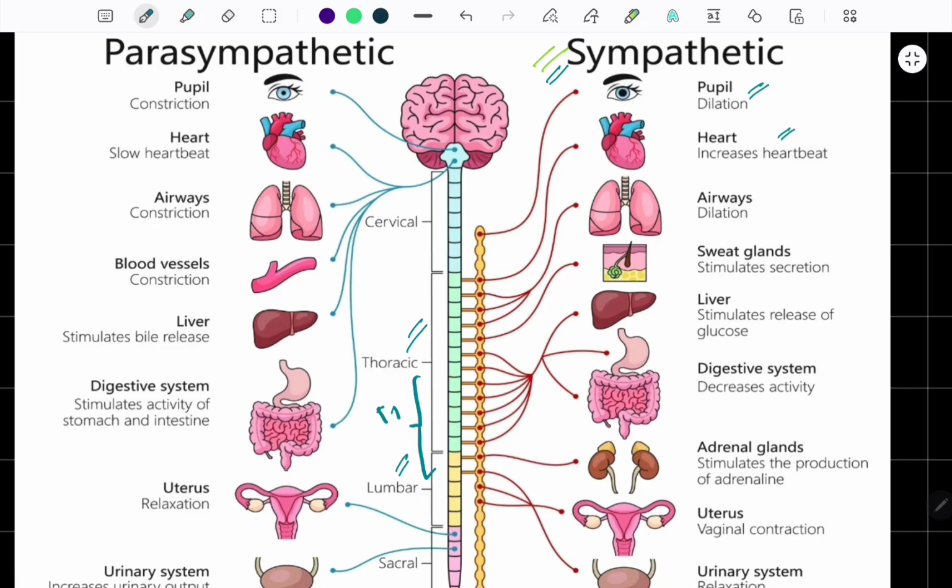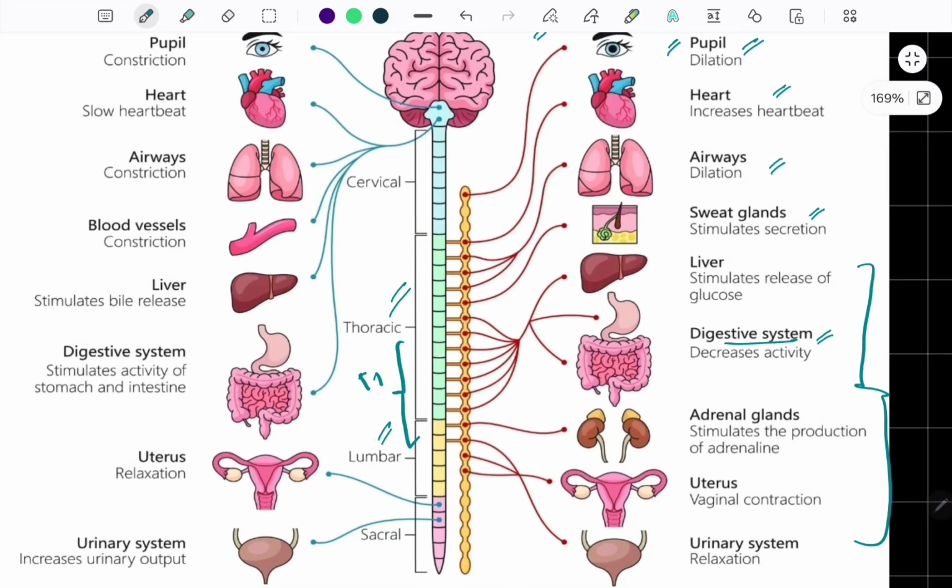In the heart, it causes an increase in the heartbeat. In the airways, it causes dilation. In sweat glands, it stimulates secretion. And in fight and flight situations, your digestive system is not stimulated, rather its activity is decreased, whereas the pupil is dilated further.